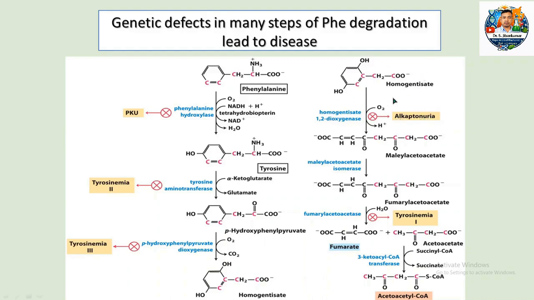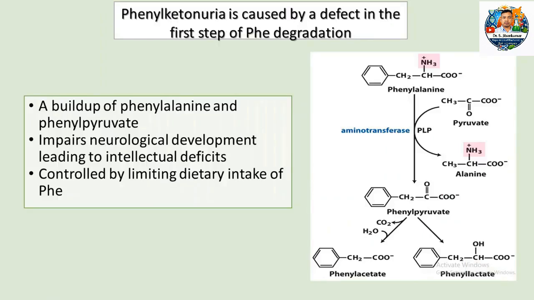This is called alkaptonuria because absence of this enzyme will lead to the increased concentration of homogentisate, and this homogentisate will be converted to other intermediates which are found in the urine. So whenever you see this suffix nuria, that means it refers to urine. If it is anemia, then it refers to blood or plasma.